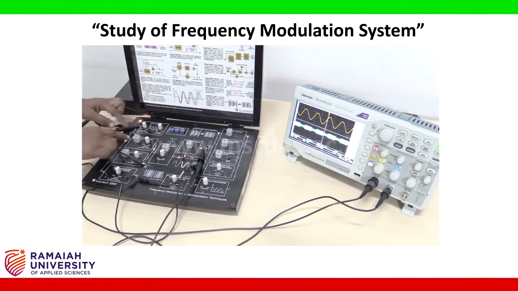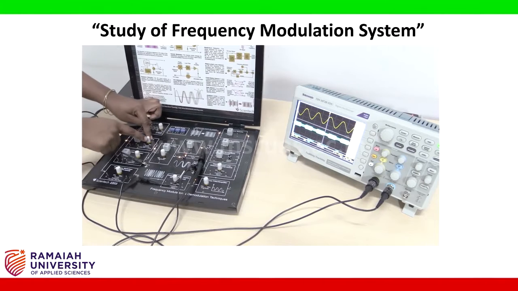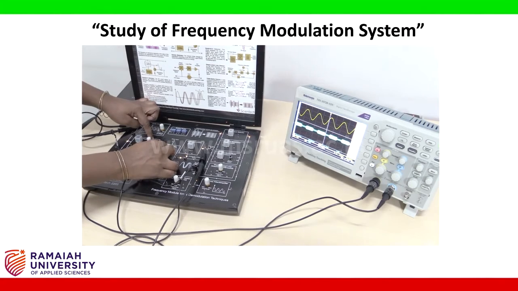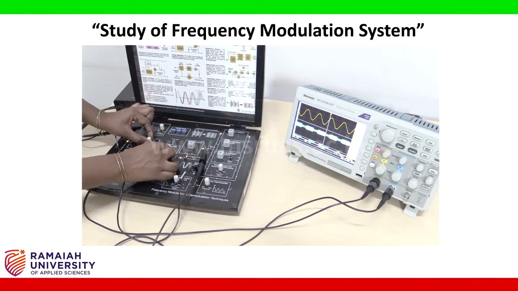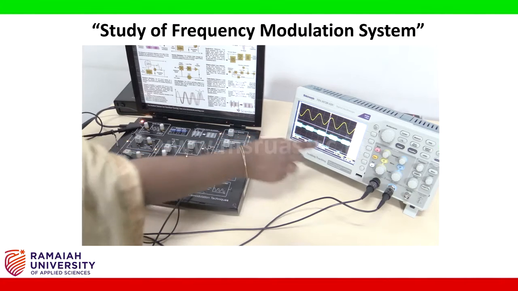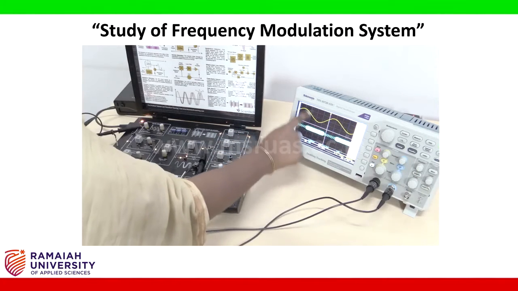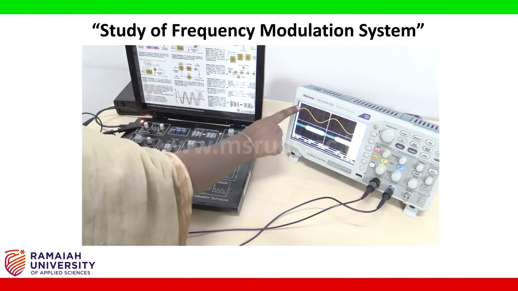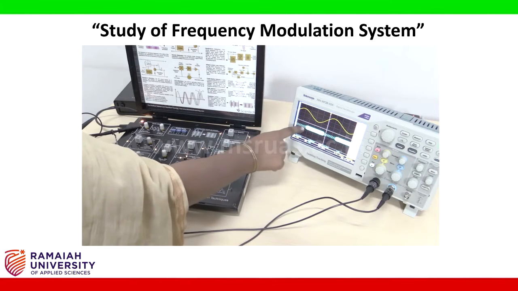Now I am tuning the knob in the reactance modulator along with the amplifier's gain knob. So you can observe that in one cycle of the message, as message amplitude increases, the frequency is different.